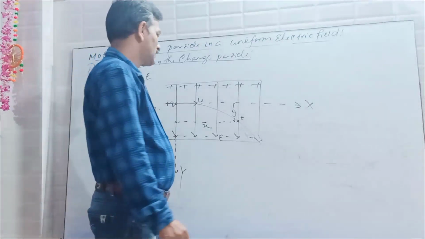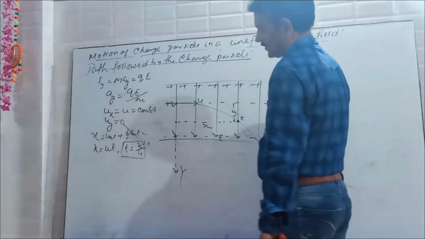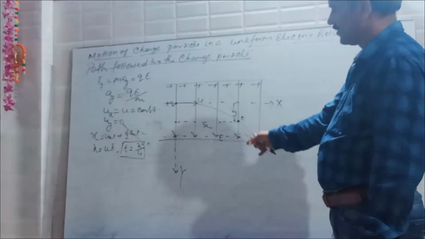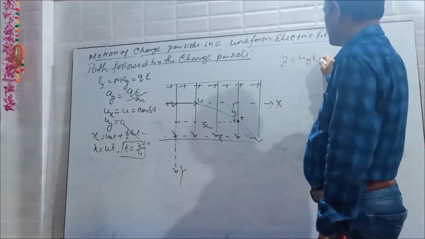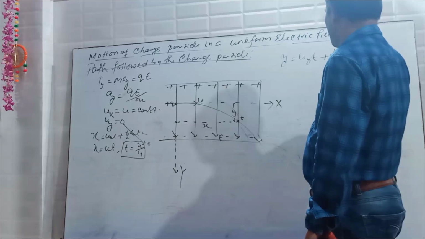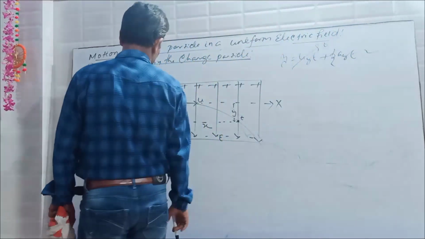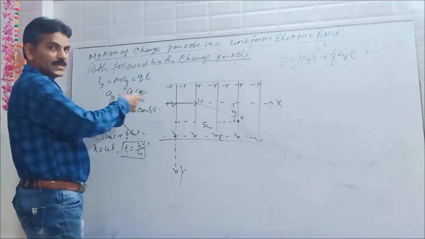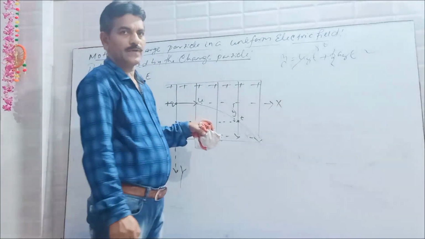Again, taking motion along the y direction, you can write y equal to uy t plus half ay t square. But uy is 0 because the charge particle is projected horizontally. There is no initial vertical component of velocity.